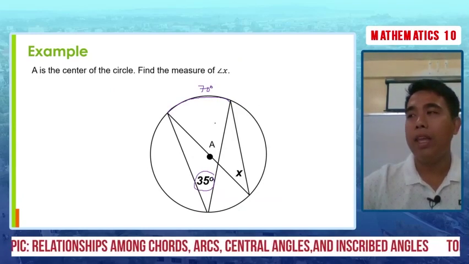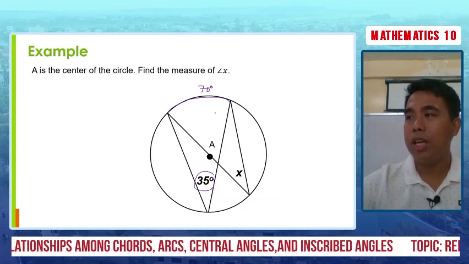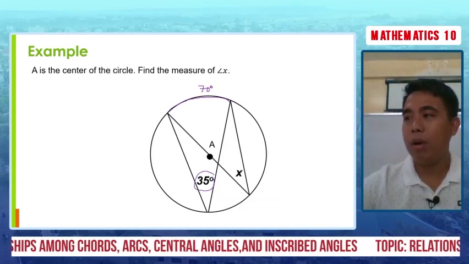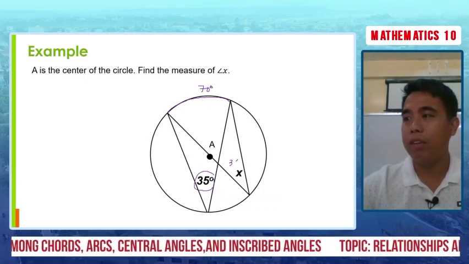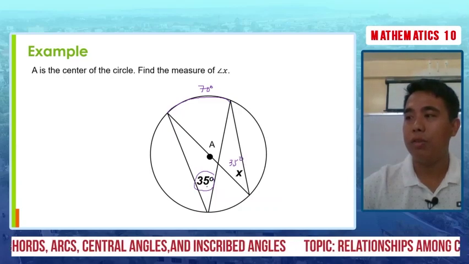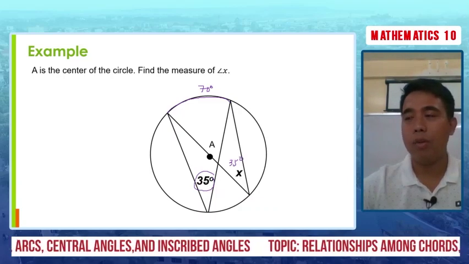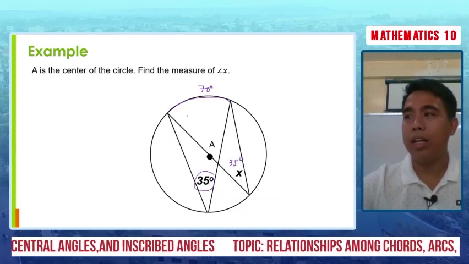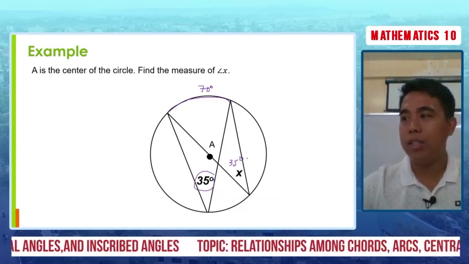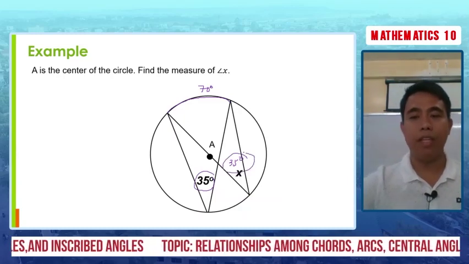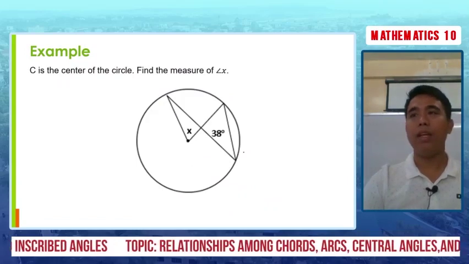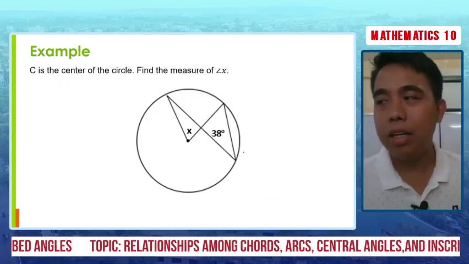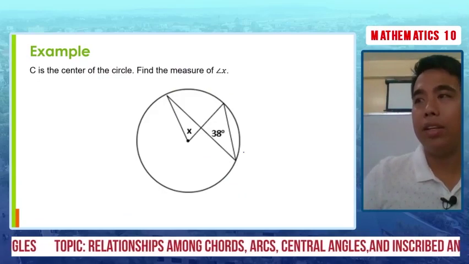And the measure of this, since the arc is 70, half of it is 35 degrees. So they are equal. If this is 35 and they are intercepting the same arc, then this is also 35 degrees.